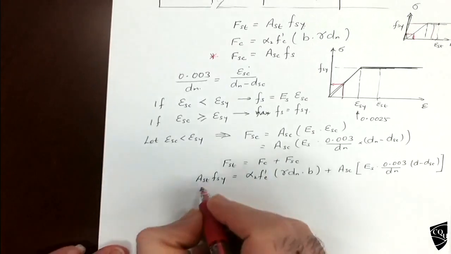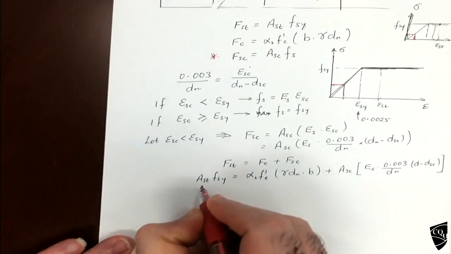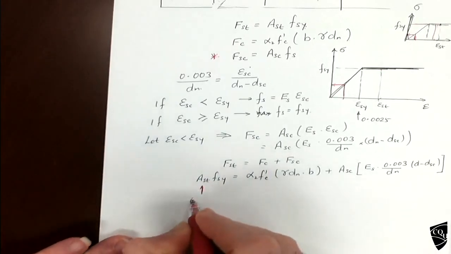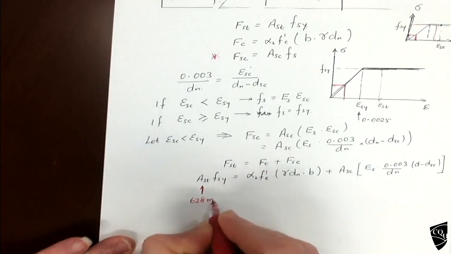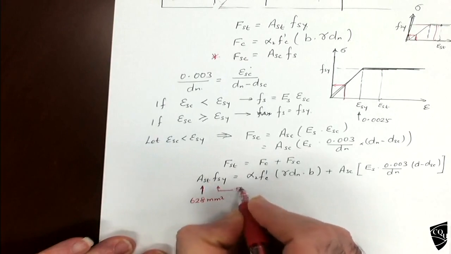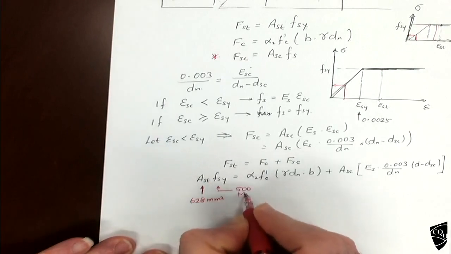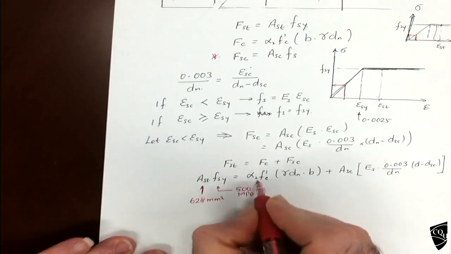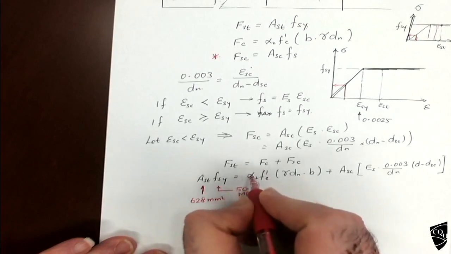So what is Ast? They gave this Ast as 628 millimeter square. This is 500. And what is this value?